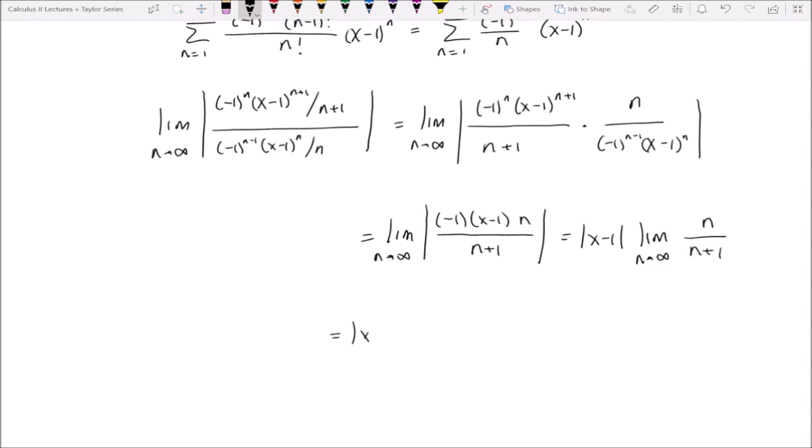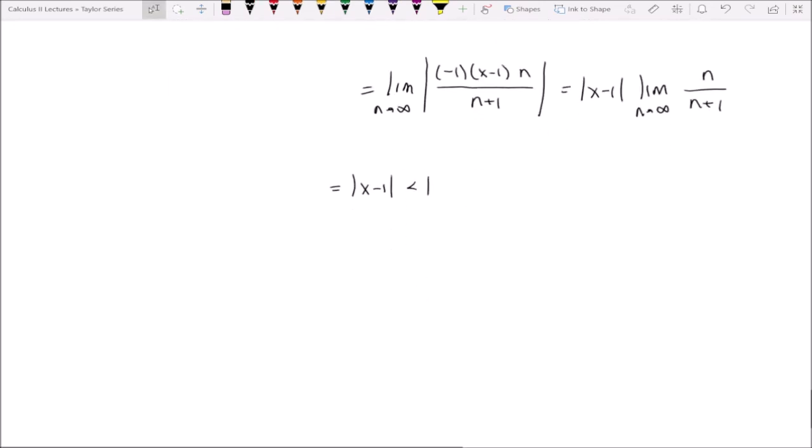And that equals the absolute value of x minus 1. And remember, we want that to be less than 1. So what this means is that x minus 1 is between negative 1 and 1, and so x is between 0 and 2.